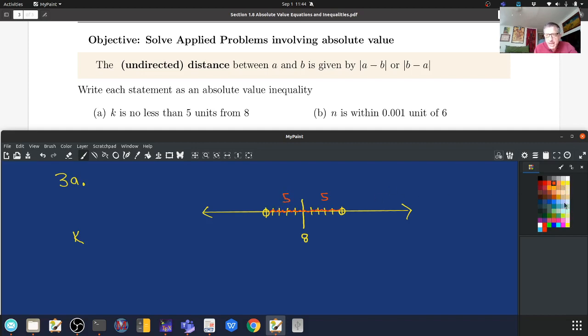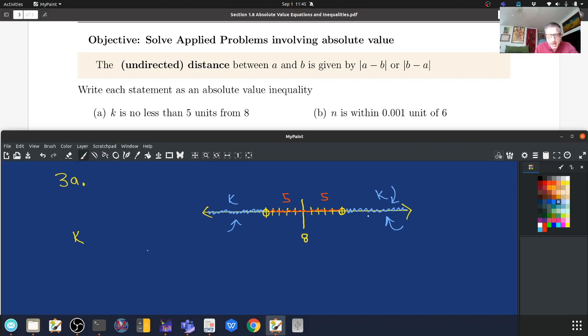So it's okay, so that means it's okay for k to be there. That's an acceptable value of k. Or k to be here. So if k is either in this area or in this area, it is no less than 5 units from 8.